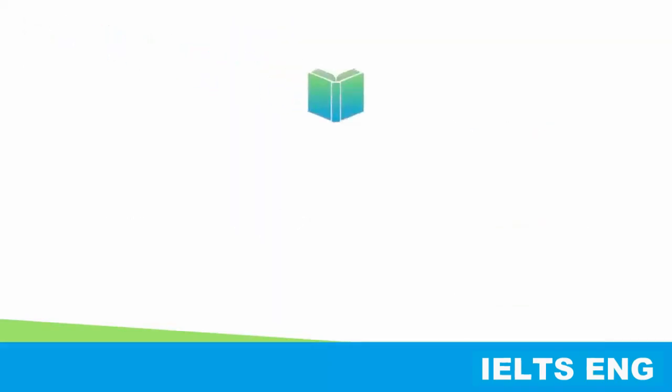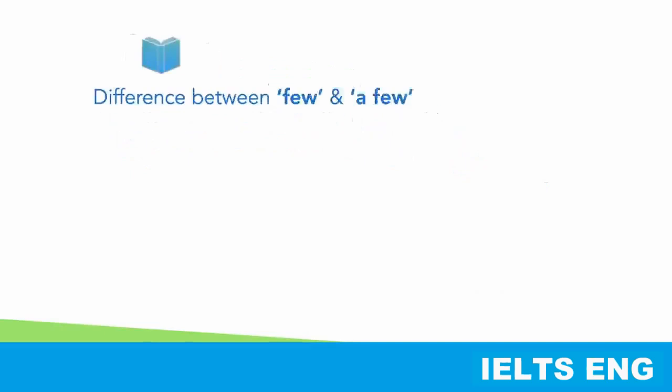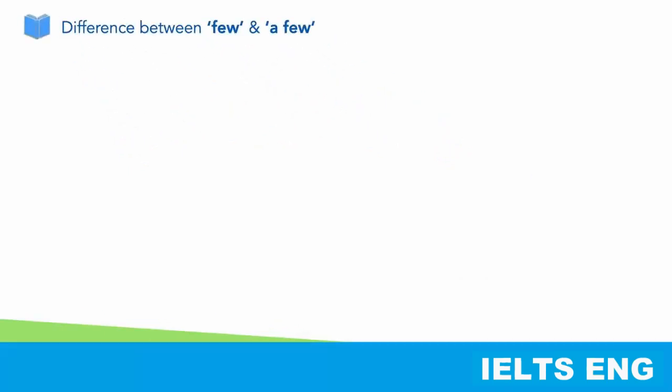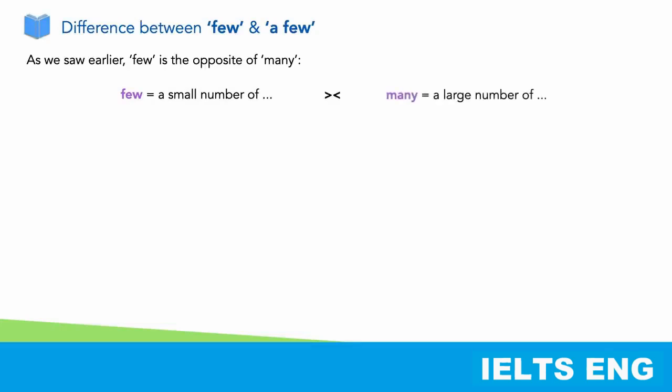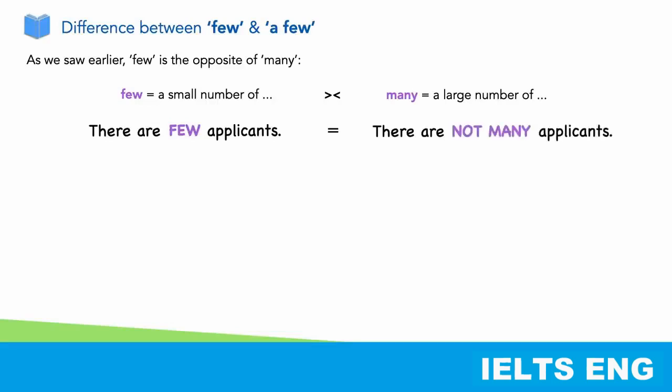Okay, let's have a look at few and a few. As we saw earlier, few is the opposite of many. So few means a small number of things, whereas many means a large number of things. So if I say there are few applicants, I mean there are not many applicants.